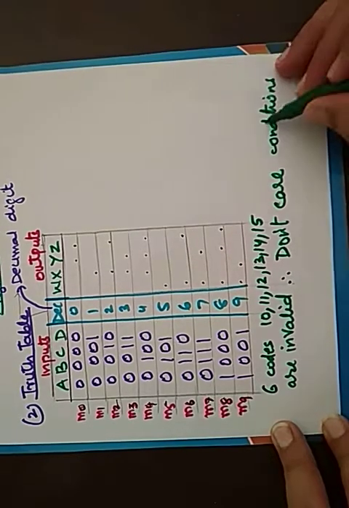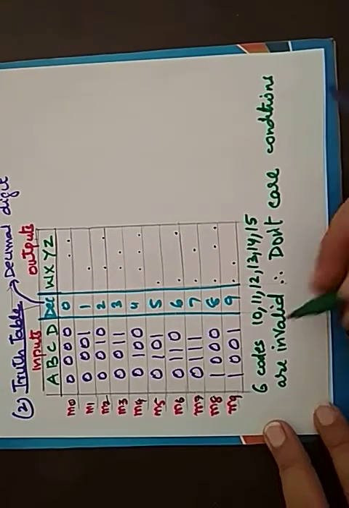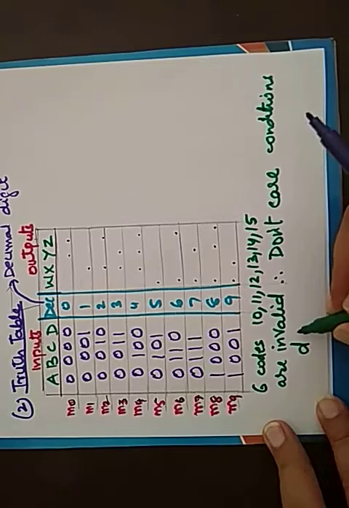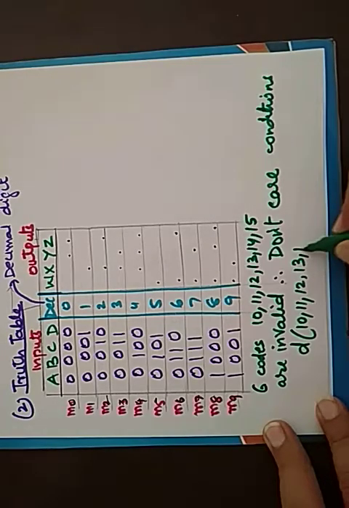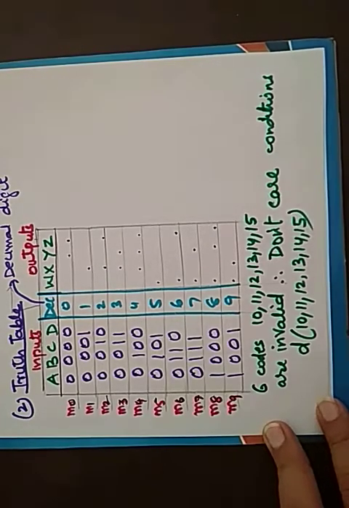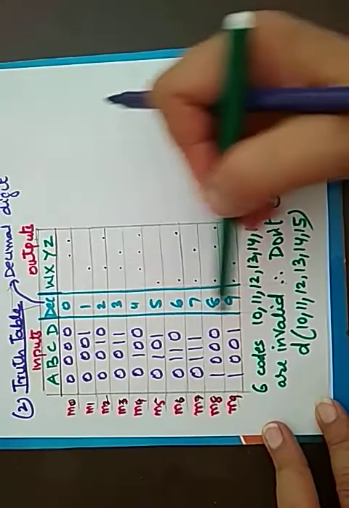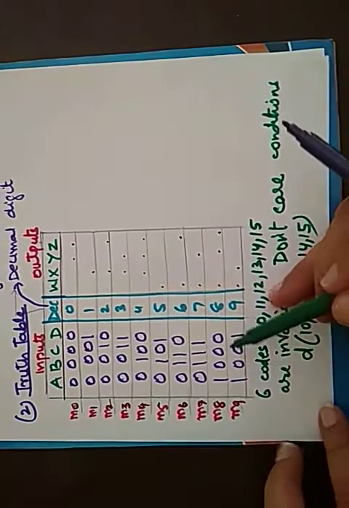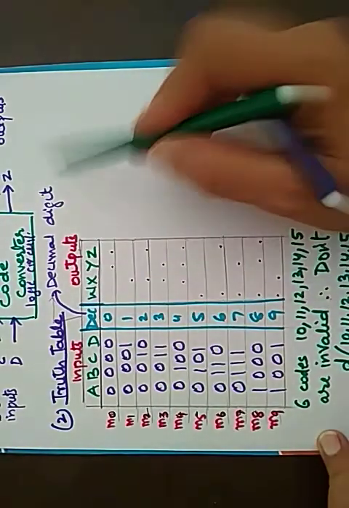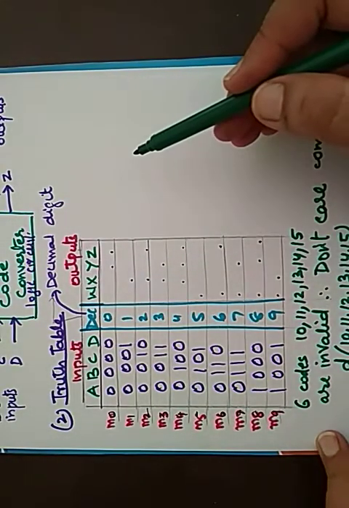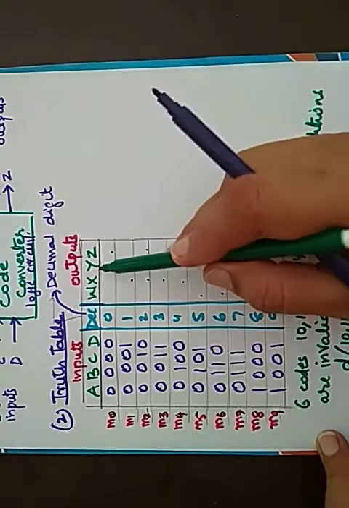So we may write this, that this function will have a don't care of 10, 11, 12, 13, 14, 15. So in the truth table, we write only the valid codes which are from 0 to 9 corresponding to the 10 decimal digits. Now let us see the XS3 code.